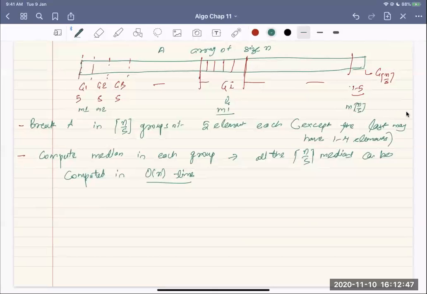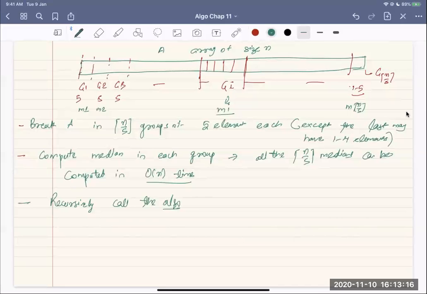Remember the recursive call? Now they say, recursively call the algorithm. You don't have the algorithm yet, but suppose you have the algorithm that could find any ith element. You can use it to find the median of these n by 5 medians.